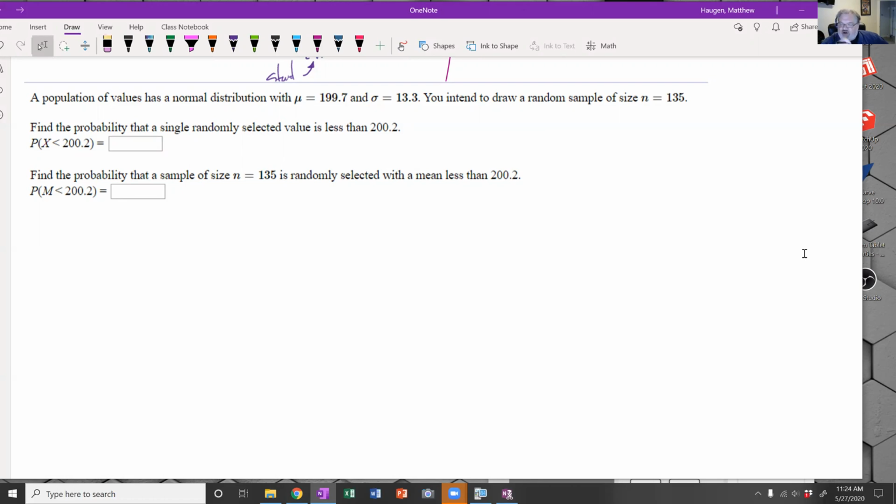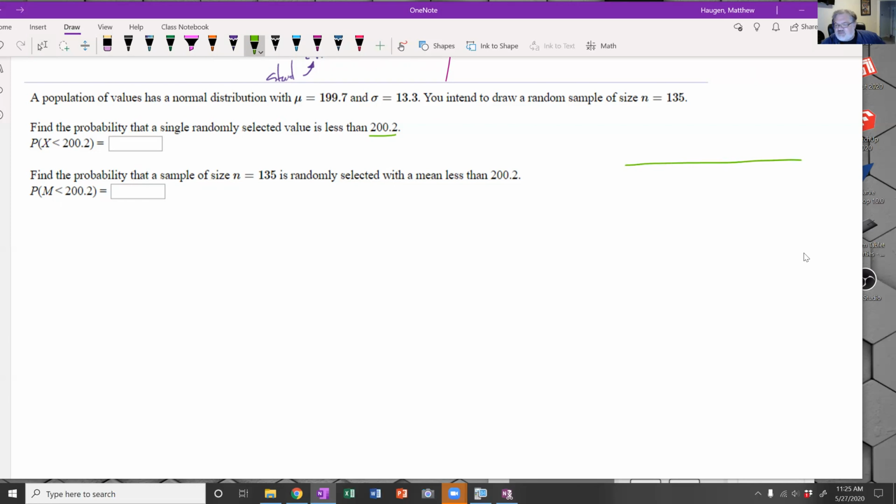You intend to draw a random sample of size 135. The 135 is so big, much bigger than 30, so even if it wasn't normally distributed, we'd still get to use this. So find the probability that a randomly selected value is less than 200.